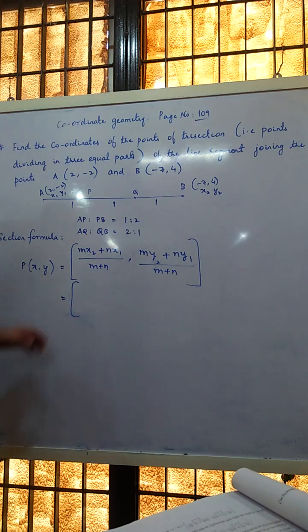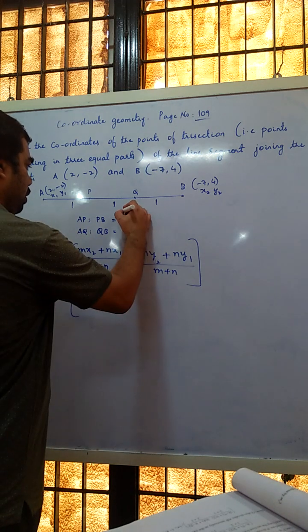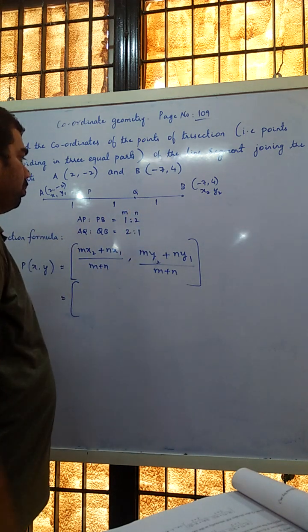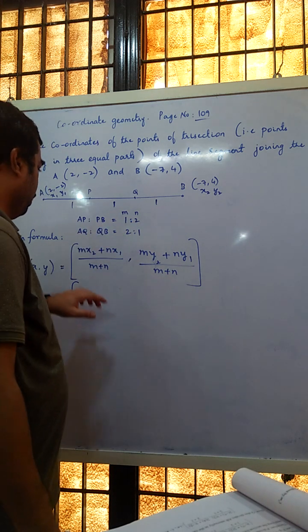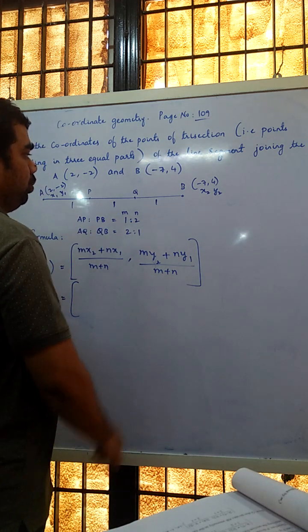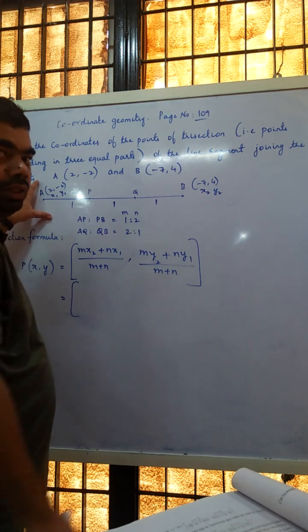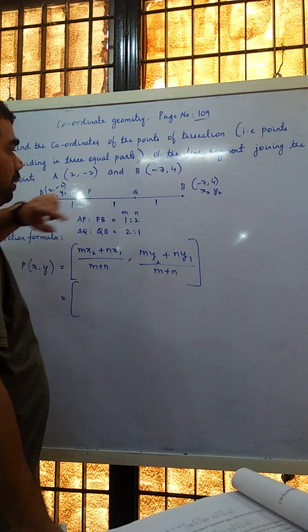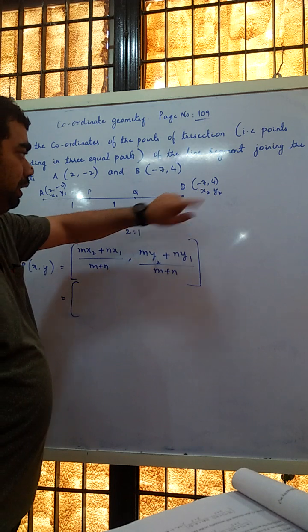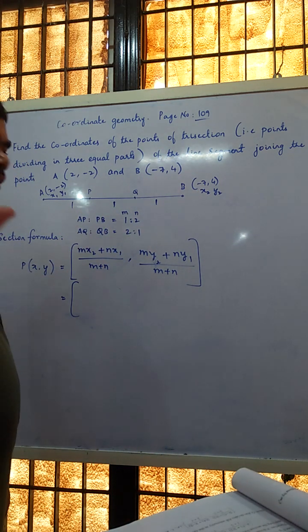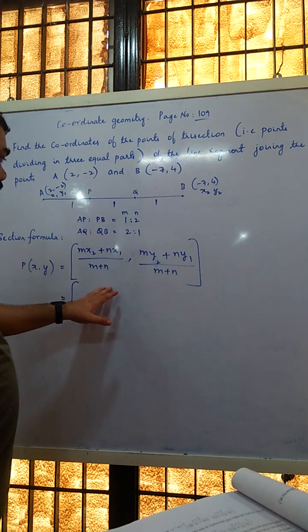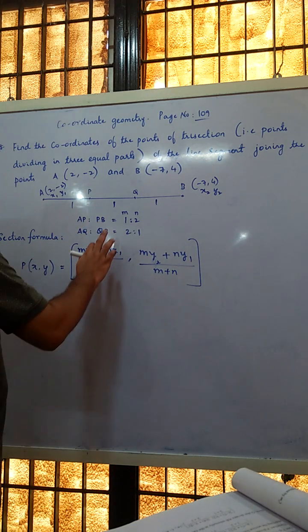We know this ratio is m is to n, right? So m is 1 and n is 2, and we know x1, y1 and x2, y2. I have considered the coordinates of point A as x1, y1 and point B as x2, y2. I just substitute the values in the equation.